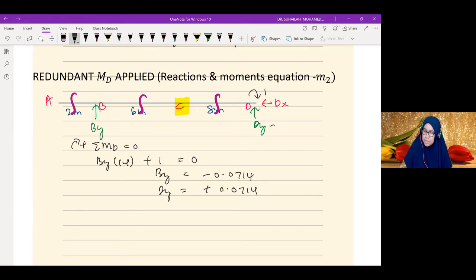So Dy is positive 0.0714 and By is negative 0.0714.